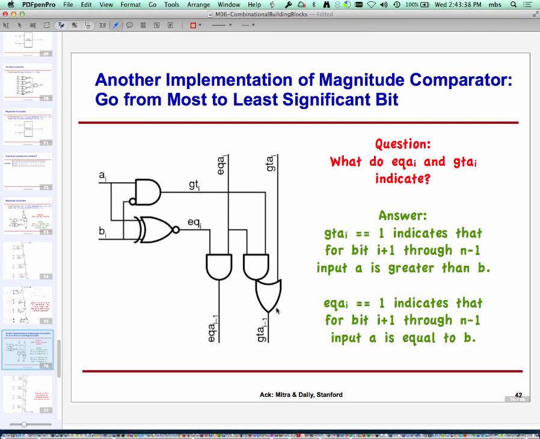And so I keep passing this stuff through, and eventually after bit 0, I will look at the signal GTA0, and that will tell me whether A is greater than B or not. So this was the original way we were doing it, where we started from the most significant digit and walked down. The previous design was walking up. Both are fine.